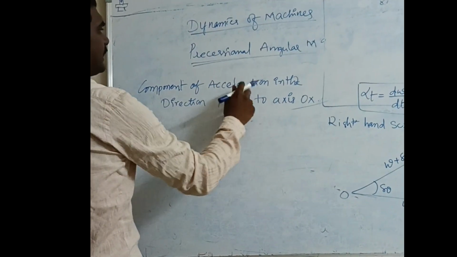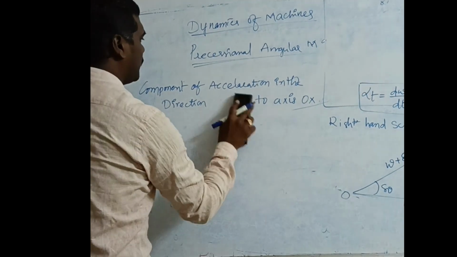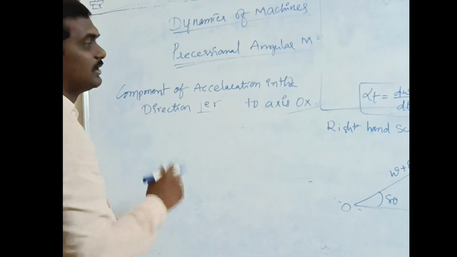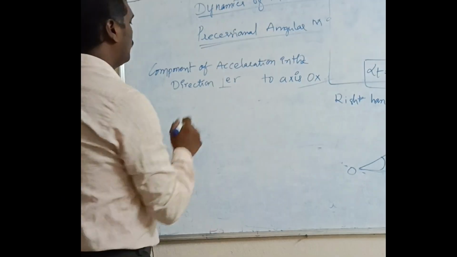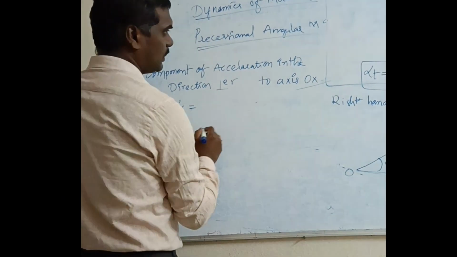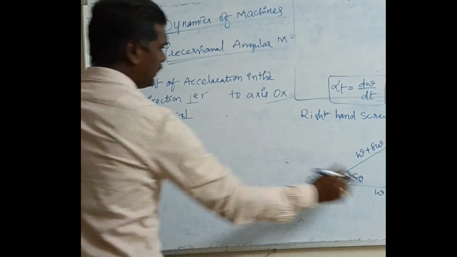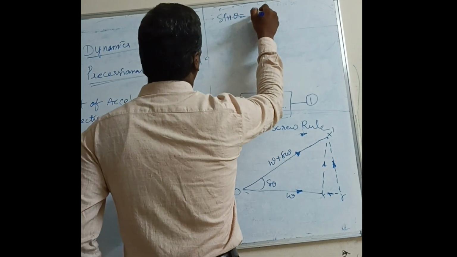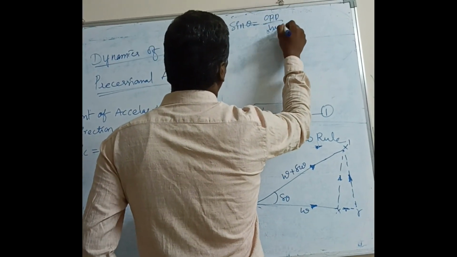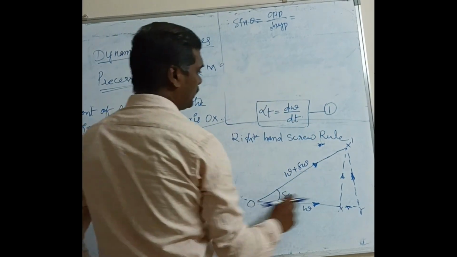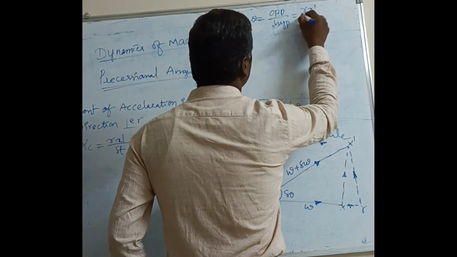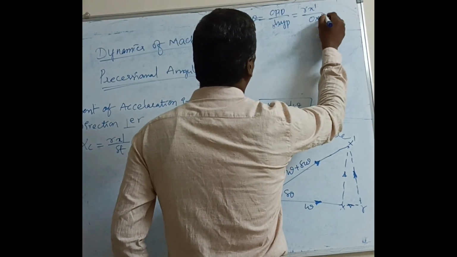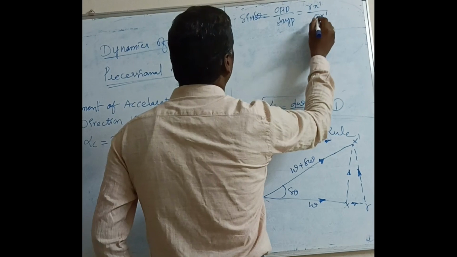Next, the component of acceleration in the direction perpendicular to axis OX. Here we need to use the sine rule. Alpha c is equal to RX dash by delta t. Sine theta is equal to opposite side by hypotenuse. Here the opposite side is RX dash, the hypotenuse is OX dash, and theta is replaced by delta theta.